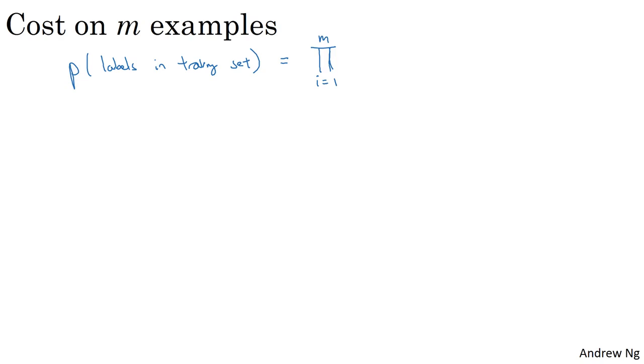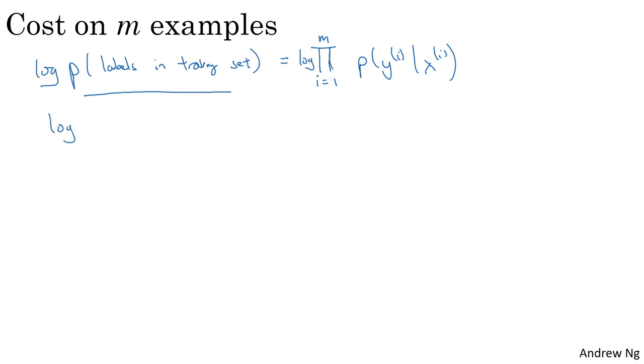So the product from i equals 1 through m of p of y i given x i. And so if you want to carry out maximum likelihood estimation, then you want to find the parameters that maximize the chance of your observations in the training set. But maximizing this is the same as maximizing the log, so I'm just putting logs on both sides.